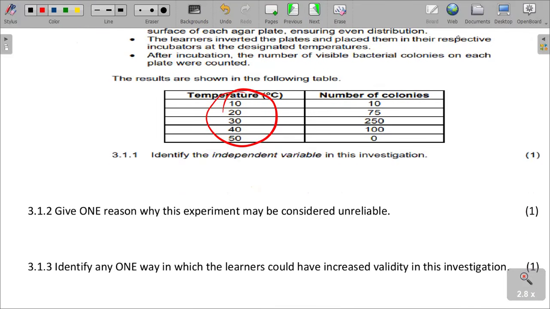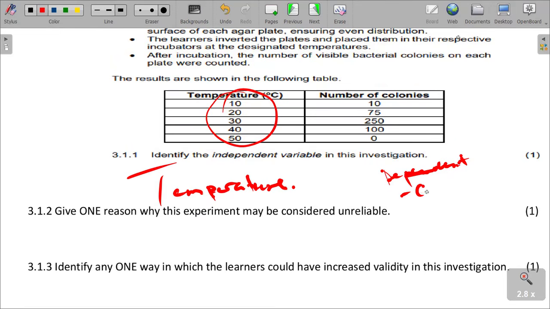So the independent variable is temperature. Temperature is the independent variable, and the growth of bacteria is the dependent variable. The growth of bacteria is affected by temperature.